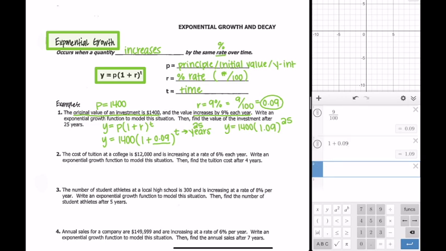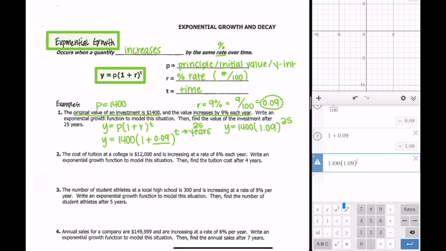Now we can simply put this information right here into Desmos. 1,400 times 1.09 raised to the power 25. To get a power in Desmos, you're going to click this a to the power b button.